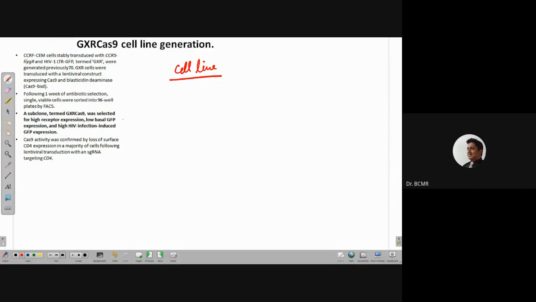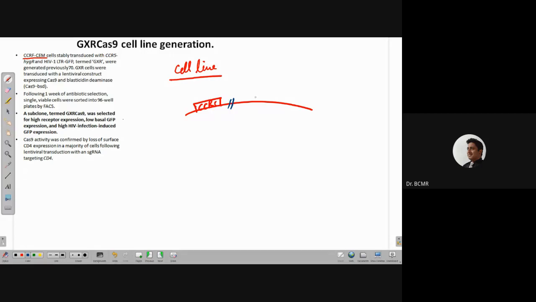So they have taken a cell line which is CCR5, I mean, it expresses CCR5, and it also has hygromycin resistance. I'm not going into all those details, but I will tell you what it has on its genome. So it has the CCR5 gene, and I'm not drawing exactly how they are; I'm trying to explain the intent of it.